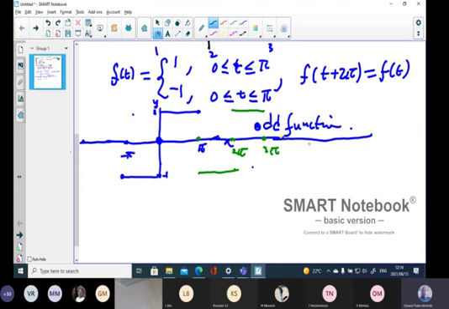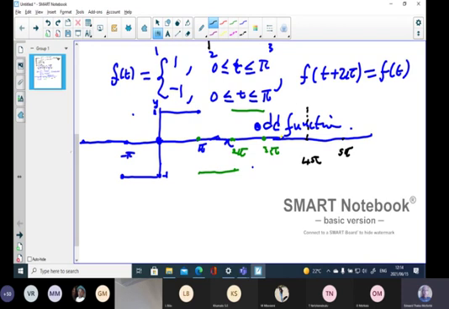So from 3 pi, I think it must be 5 pi. It must end at 5 pi. In the middle here, it will be 4 pi. So let's plot this.